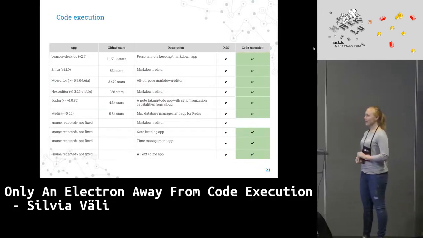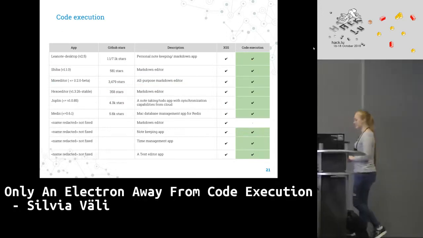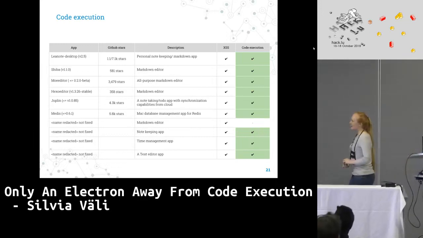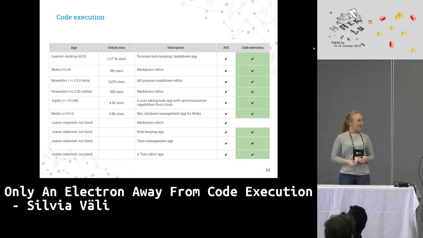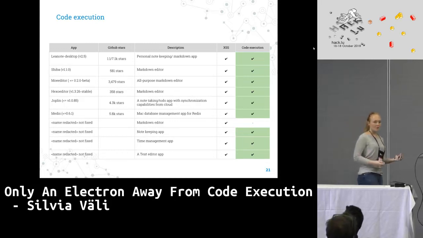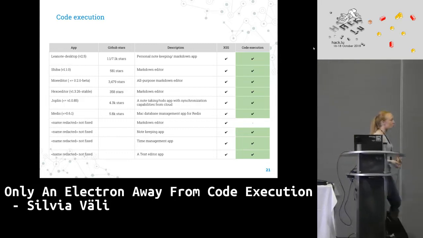How did it look? Well, I spent 5 minutes on each of those applications. And from those 30, 10 came back immediately with a cross-site scripting vulnerability. And out of those 10, 9 were what I was looking for: cross-site scripting vulnerabilities in a context where node integration was set to true.